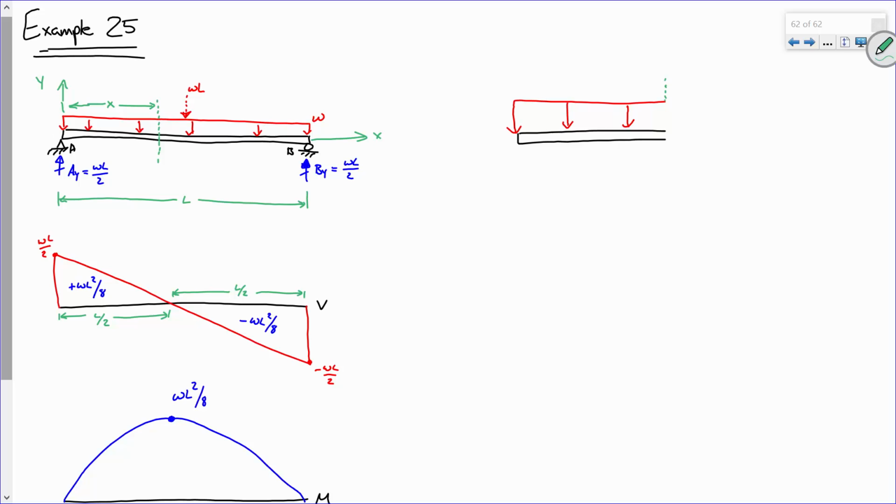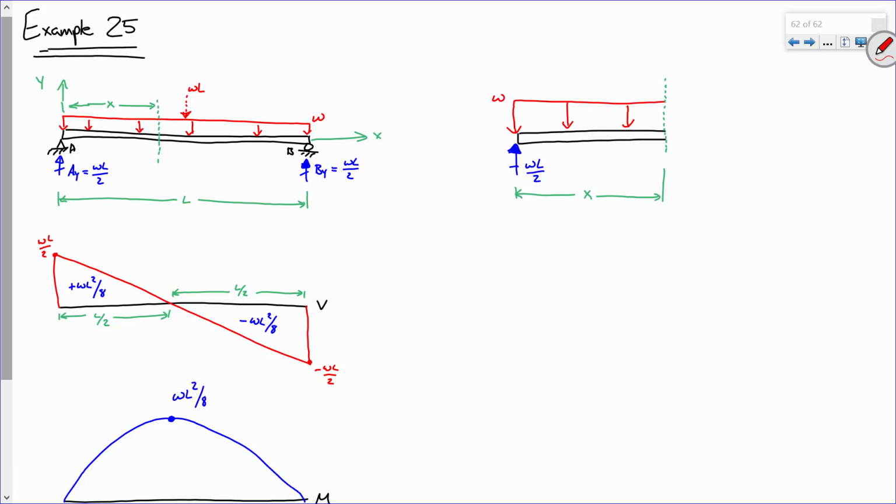Cut a section. And I've got this. So this is WL over 2. This distance is x. And this is W. Now, I can take that distributed load, collapse it into a single point load.